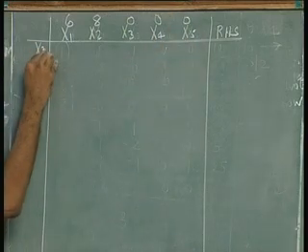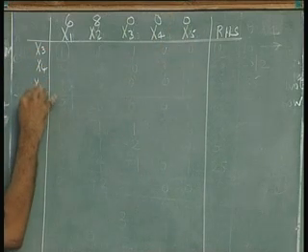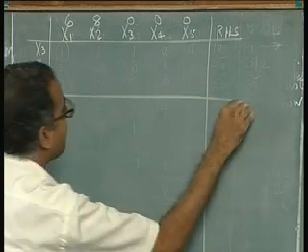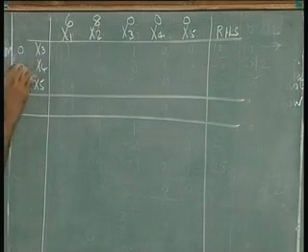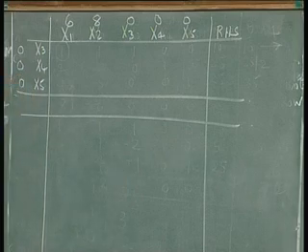We start with x3, x4, x5. The corresponding objective function coefficients are 0.